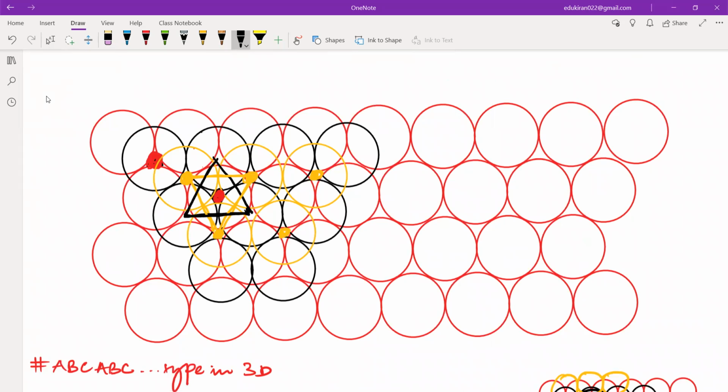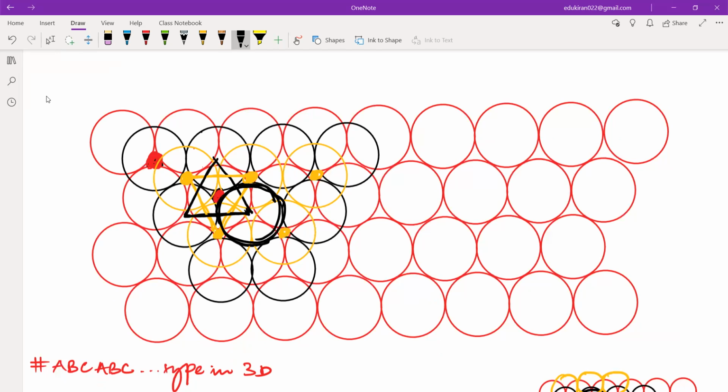All of you can see this packing, yes or no? Now tell me, can you see this black atom? Yes.